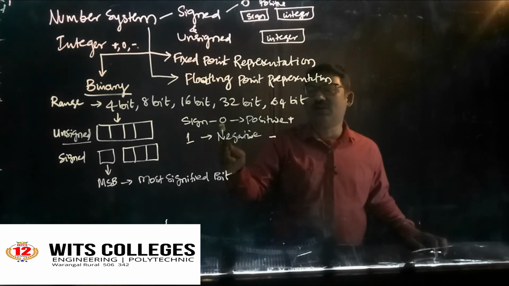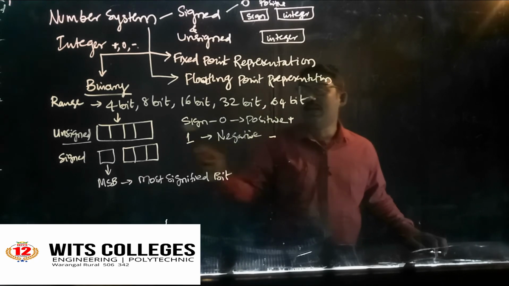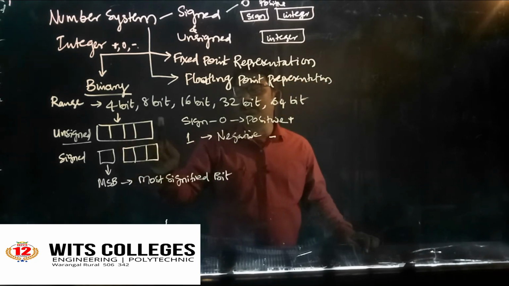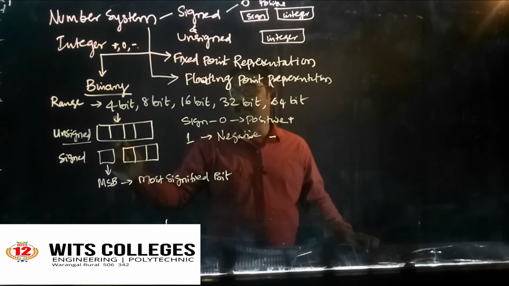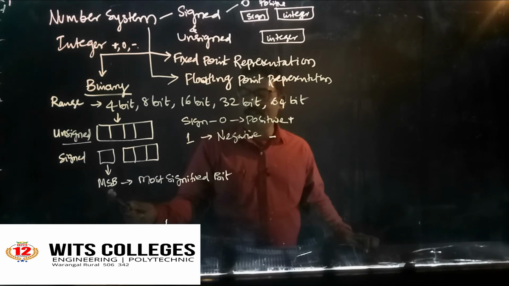If the sign is 0, it is positive; if the sign is 1, it is negative. For 4 bit representation, let's draw a 4 column box. The first one is for unsigned, and for signed we draw 3 boxes, and 1 separate box which is known as the MSB, most significant bit.